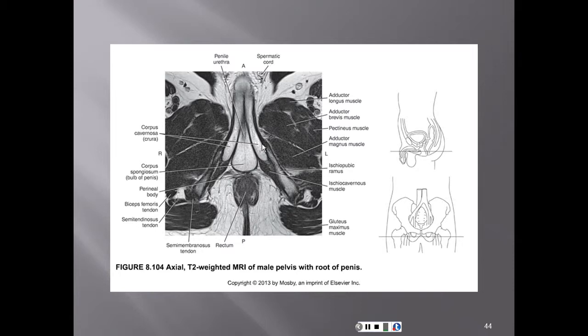You want to be able to identify the rectum, the penile urethra, spermatic cord, gluteus maximus, perirectal fat, the ischiopubic ramus. So we have the ischium back there, the pubic in front, same here, ischium in the posterior, pubic in the anterior.